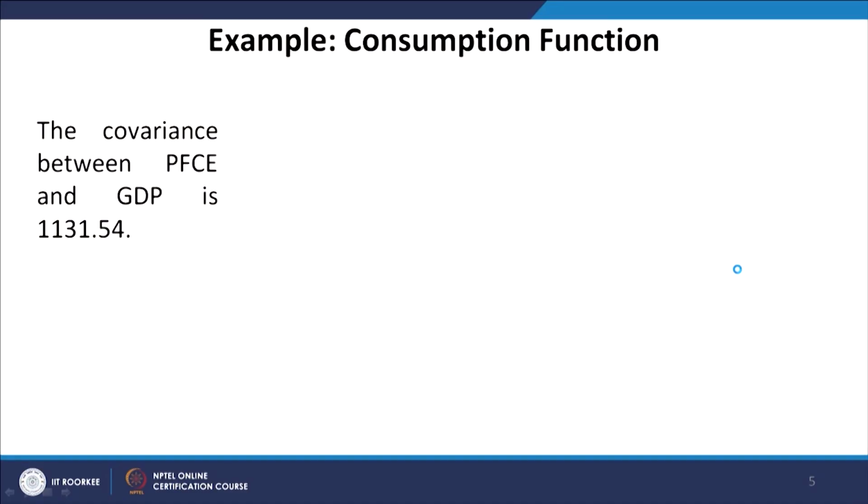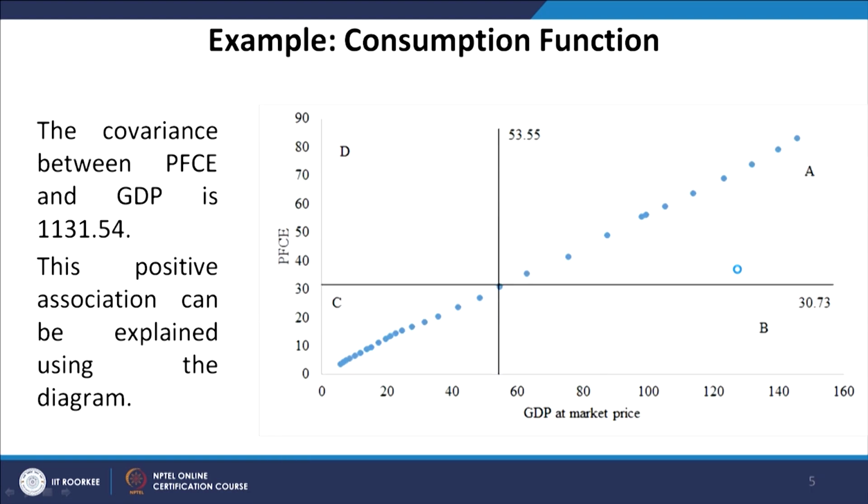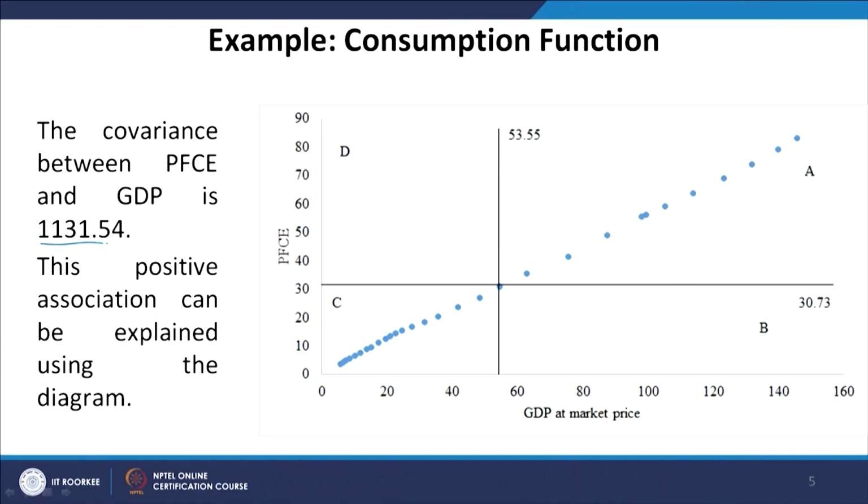That data we had picked up from RBI, and if we calculate the covariance between these two variables, it turns out to be a very large number, 1131.54. So, this positive association can be explained using a diagram like this, and you can see that it is almost a straight line, right. It is almost an upward sloping straight line. So, there are such perfect co-movements between the two variables that this turns out to be a very large number.